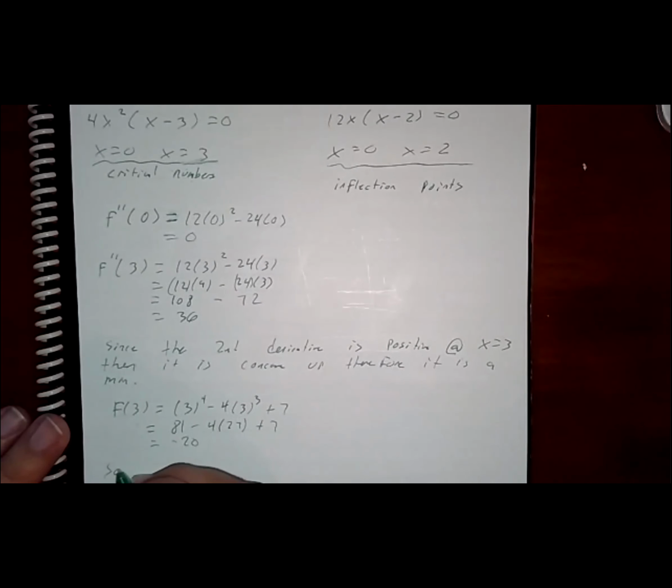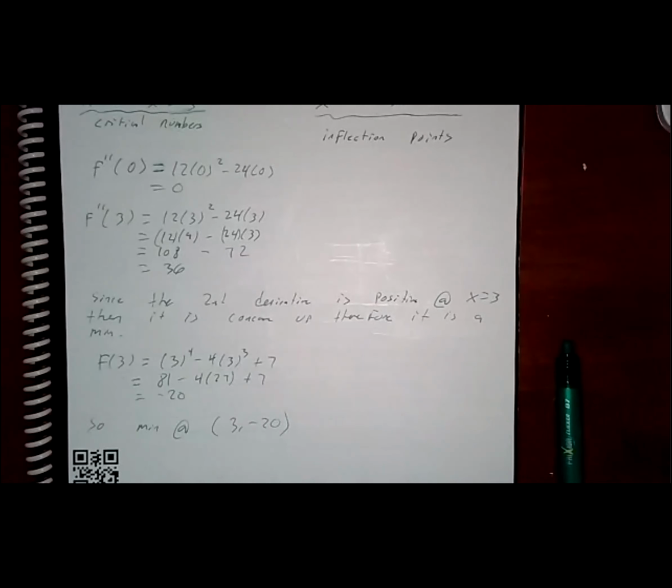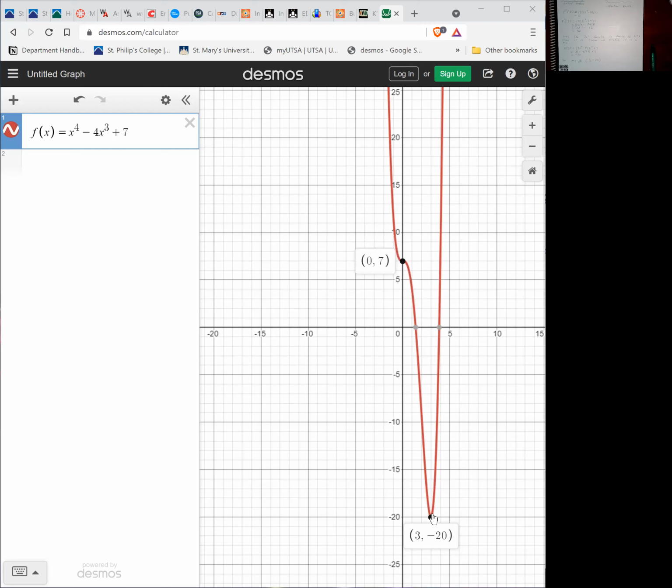So the final answer: minimum at (3, -20), which we could see on the graph, right? But what I did to determine this was use the second derivative test.